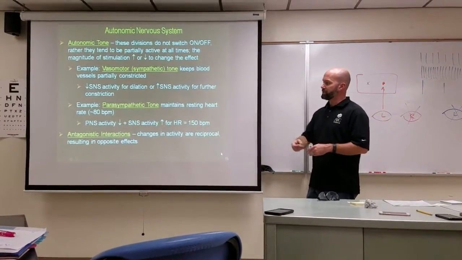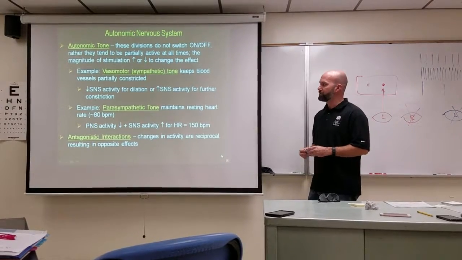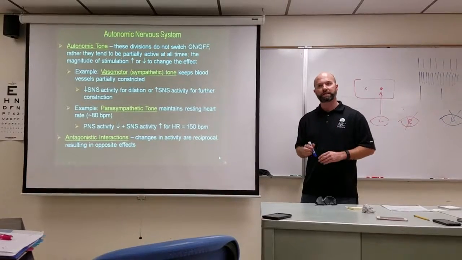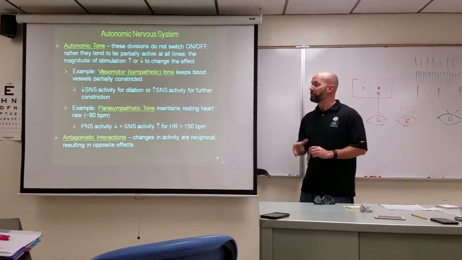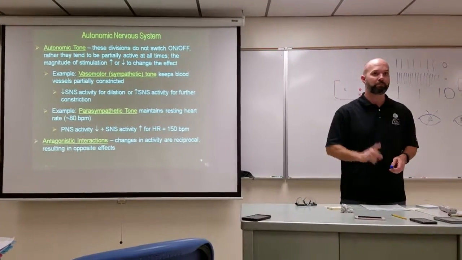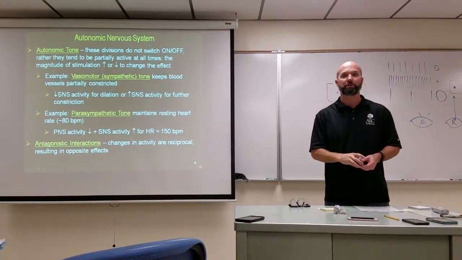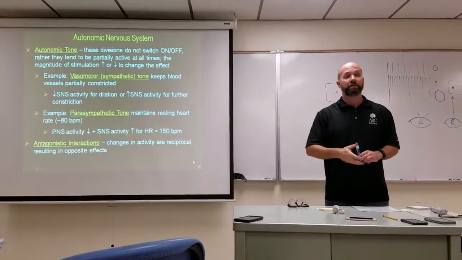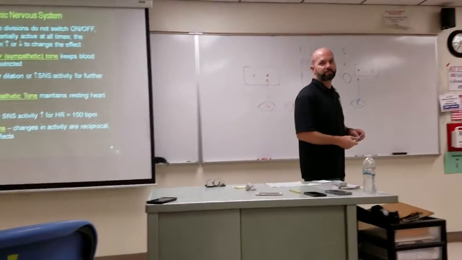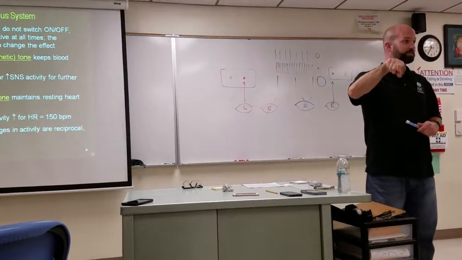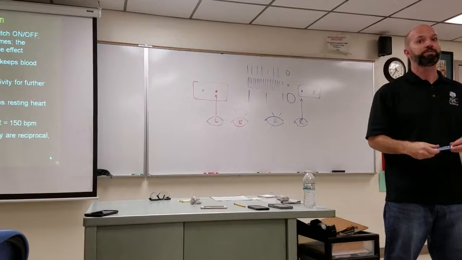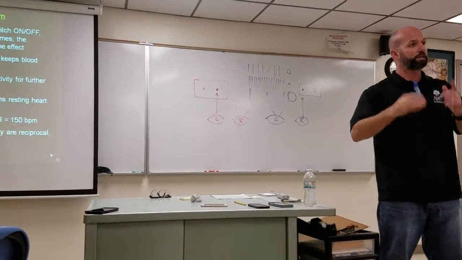So we're constantly releasing lots of acetylcholine binding to those muscarinic receptors on the cardiomyocytes, and that keeps the heart rate low. We know this because if we cut the vagus nerve, what would happen to heart rate? Shoots up to about 100 beats per minute. And then if you want to get your heart rate above 100, then what do you have to do? You've already turned the dial down as much as you can on parasympathetic, so now you got to turn the dial up on sympathetic. And then you can get the heart rate up even higher.